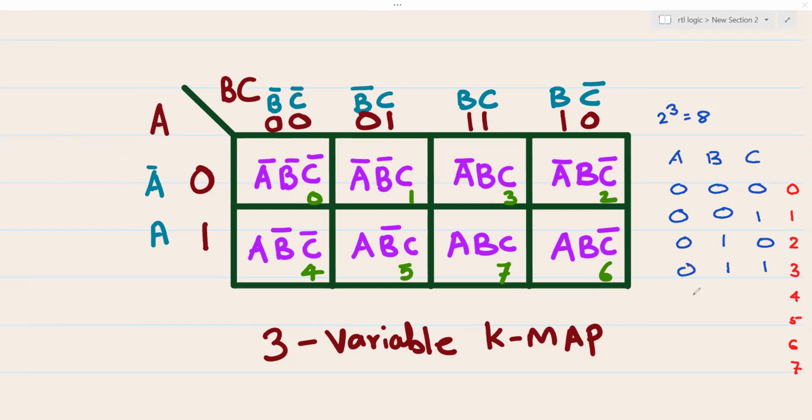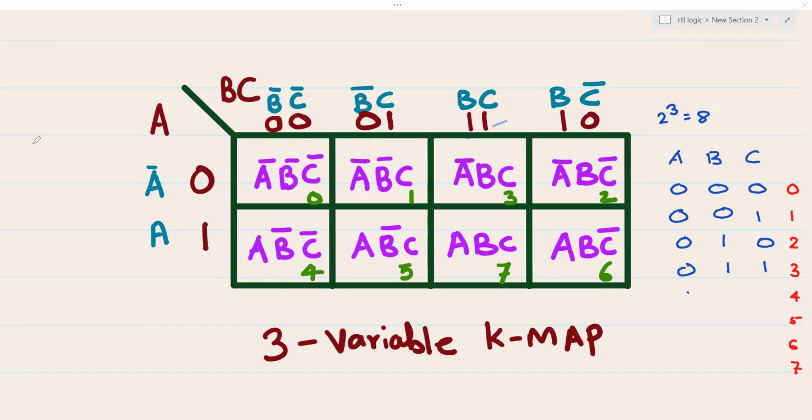Then number 4, we have to check where is number 4. Here it is, number 4. It would be 1, 0, 0. For number 5, it would be 1, 0, 1. For number 6, it would be 1, 1, 0. And for 7, you have 1, 1, 1.